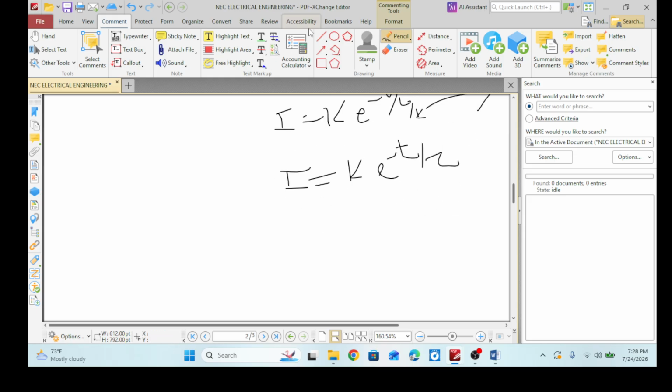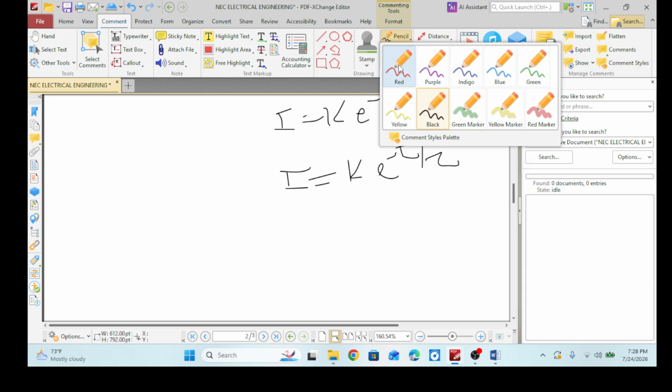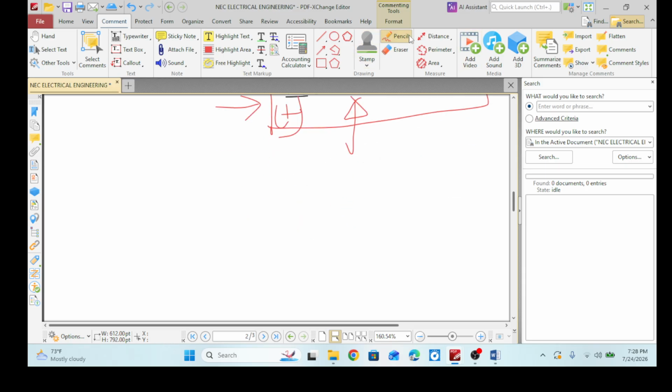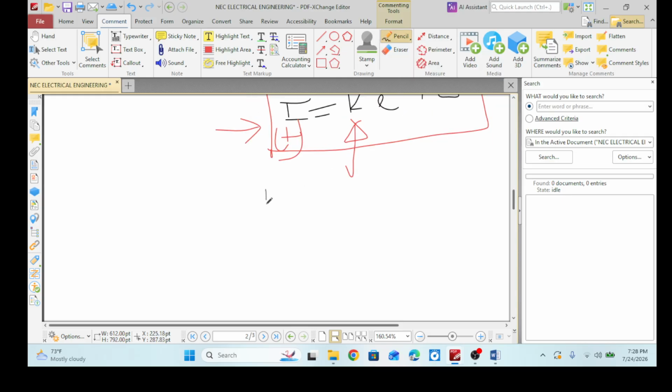Okay, this is the equation of the transient analysis of an inductor, and this is I(t). Now what is k? We can find it by taking the condition at t equals 0.